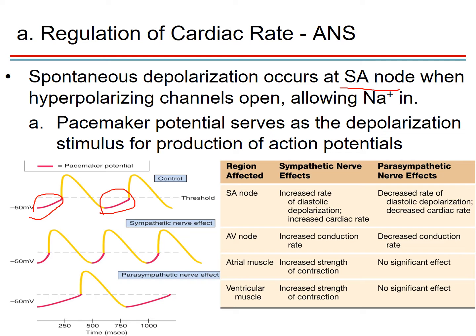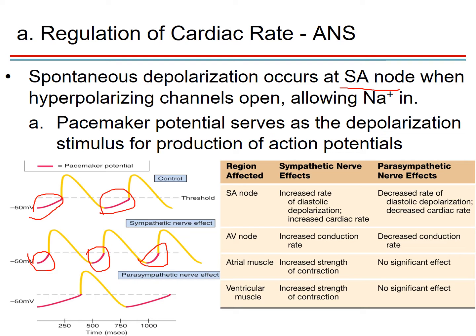We can have two effects, the first being the sympathetic effect. Here in this image, what we have is an increase in cardiac rate at the SA node. This is due to the neurotransmitters norepinephrine that comes from the sympathetic axons and epinephrine that comes from the adrenal medulla. These bind primarily to beta adrenergic receptors, and so these are going to hyperpolarize channels and allow calcium channels to increase the rate.